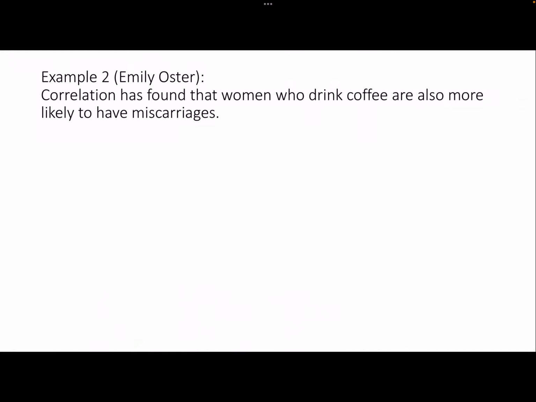So Emily Oster looked into this and thought, does this really mean that coffee causes miscarriages? Well, if you use multivariate regression and hold two things constant, woman's age and morning sickness, so now we're comparing two women who are the same age, which might be the more important one, and the same amount of morning sickness, there's no evidence that coffee consumption affects miscarriages.